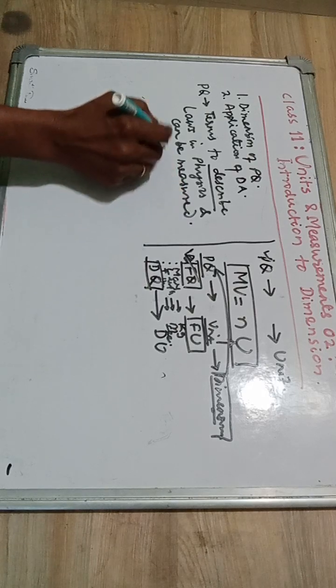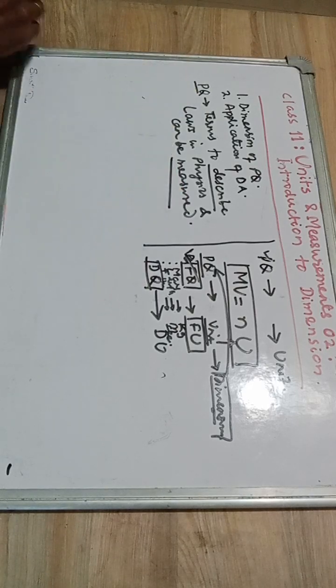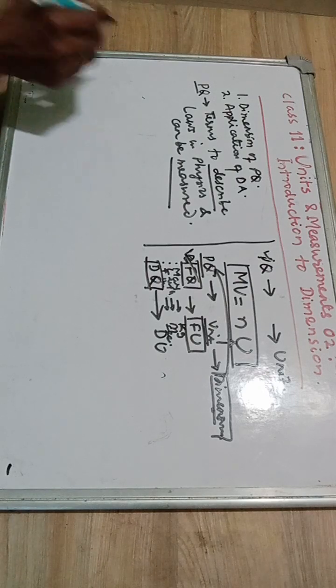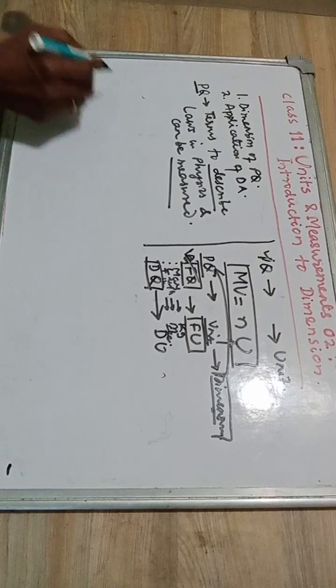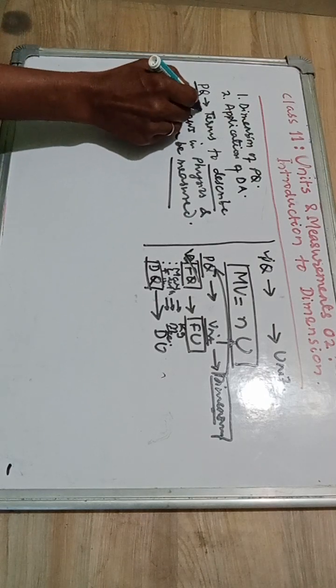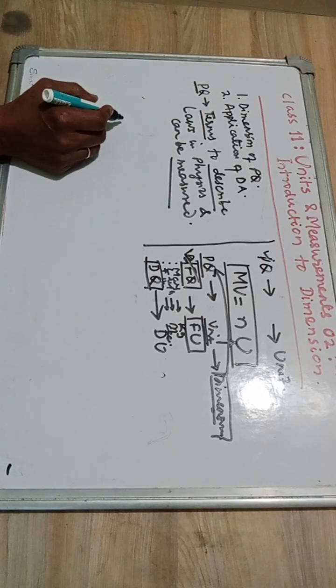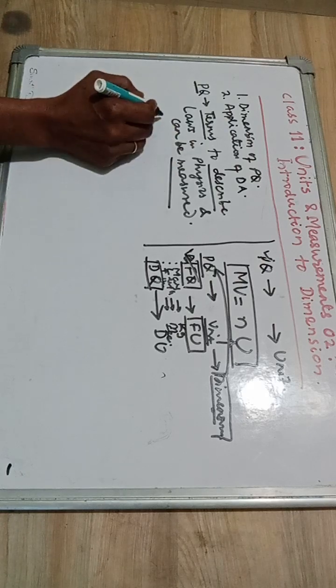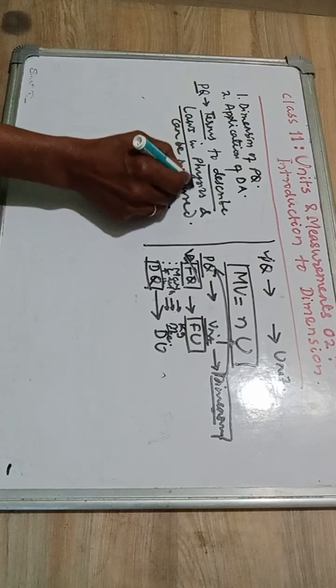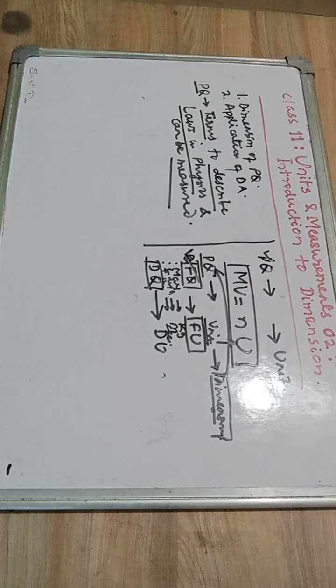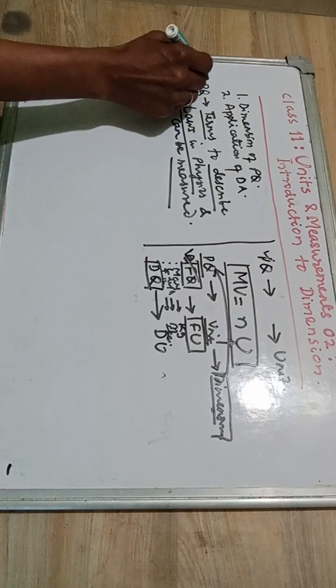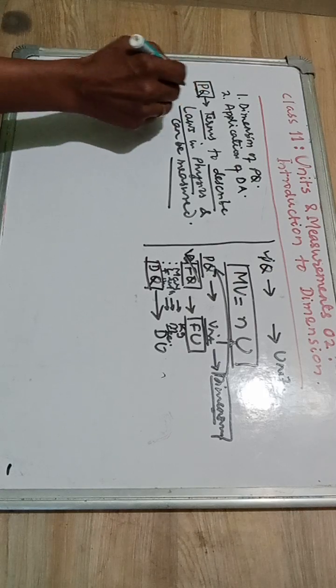Two things: a physical quantity should be measured. We should be able to measure that quantity, then only it will be termed a physical quantity. And those terms used in mathematical equations to describe laws in physics or to understand physical phenomena or natural phenomena will be termed physical quantities.